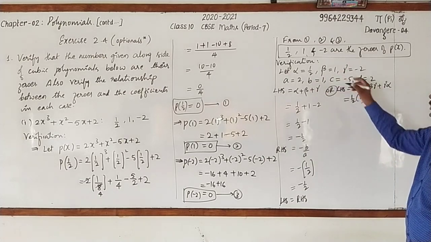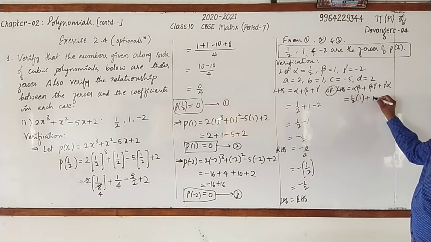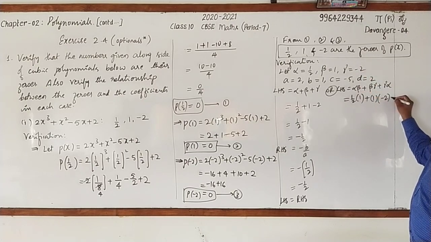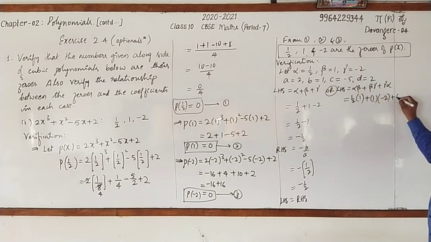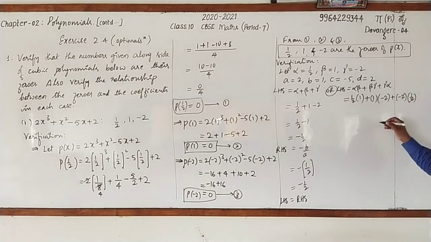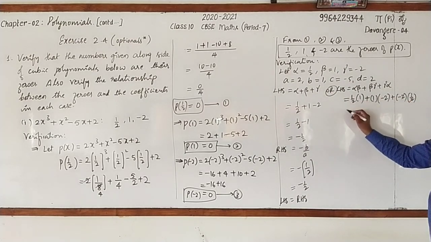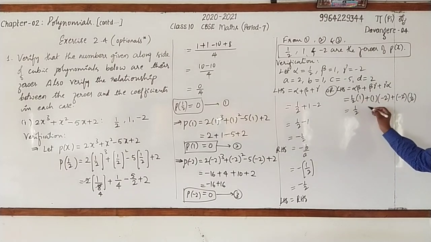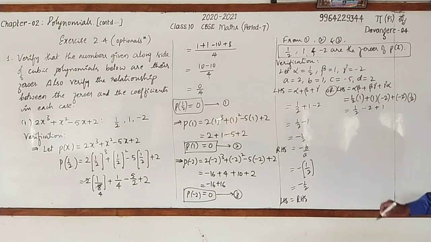Beta 1. Again beta 1. Gamma minus 2, plus gamma minus 2. Then alpha, it is 1 by 2. 2 get cancelled. Then here it is 1 by 2. Then this is minus 2 and this is plus 1.